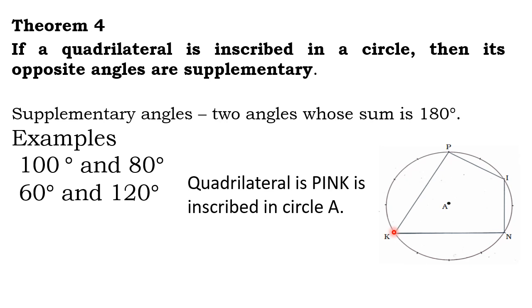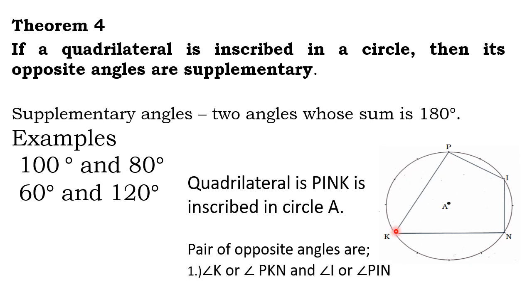Now let's try to determine first the pairs of opposite angles. The pairs of opposite angles are, we have here angle K and angle I. The opposite angles K to I. Another name for angle K is angle PKN.